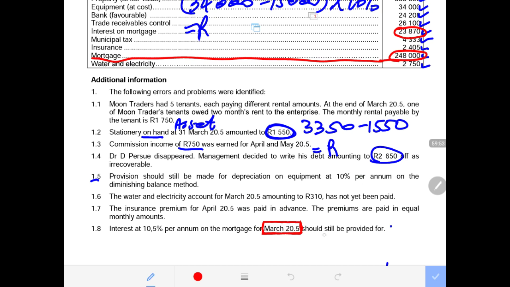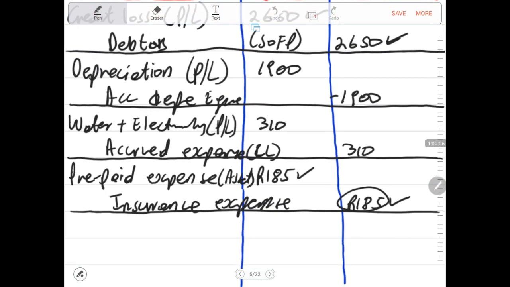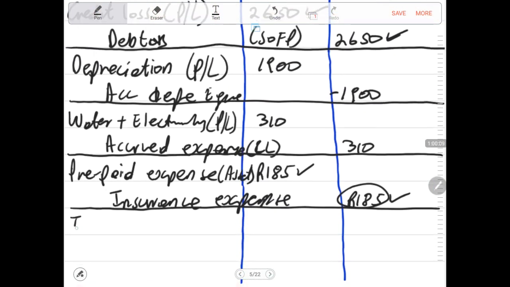And we know that accrued expense is a liability. Accrued expense is a liability, and liabilities increase on the credit side. So what do we do? We debit interest expense. Why do we debit interest expense by 2,170? Because the interest in the trial balance is short by 2,170. Why is it a shortage? Because the month of March interest has not yet been paid.